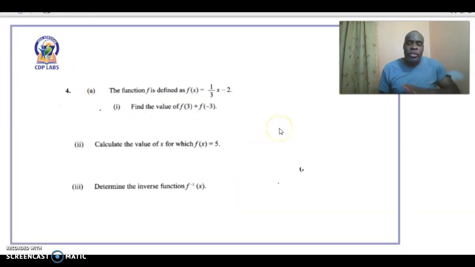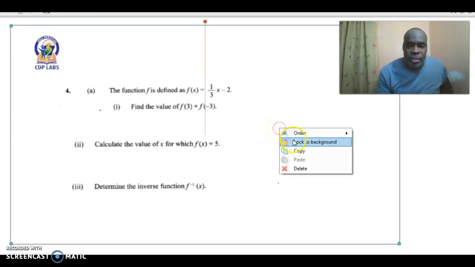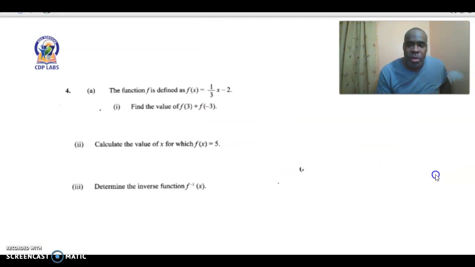Alright, now this is a different year. We tend to choose different years, so we'll come to the one question. Now this one says the function f is defined as f of x equals 1/3 of x minus 2. We're asked to find the value of f of 3 plus f of negative 3.